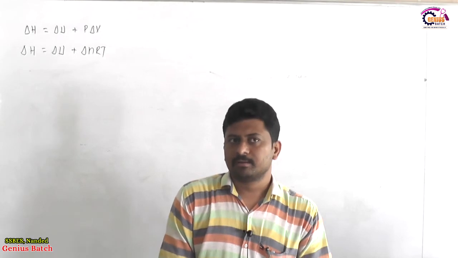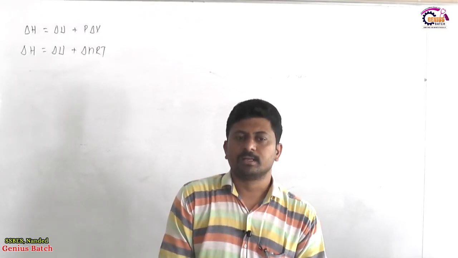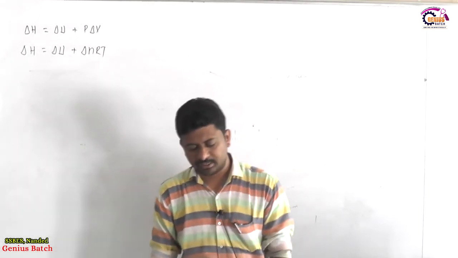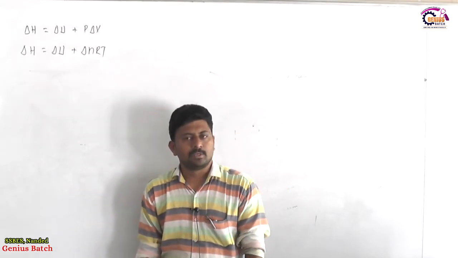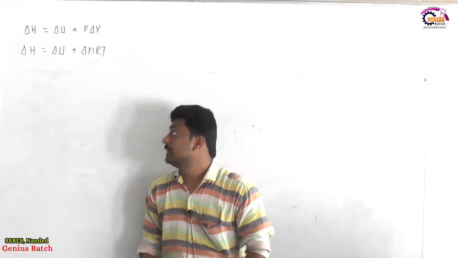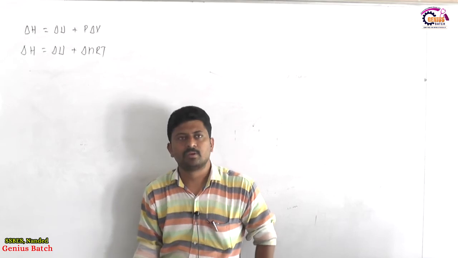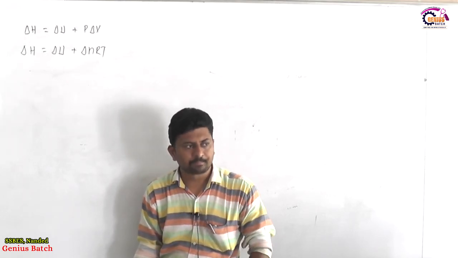When considered in case of a gas phase reaction, the work done is taken as delta nRT instead of P delta V. So the equation becomes delta H equals delta U plus delta nRT. Delta U alternatively can be taken as delta E also, which is the symbolic representation for internal energy change.